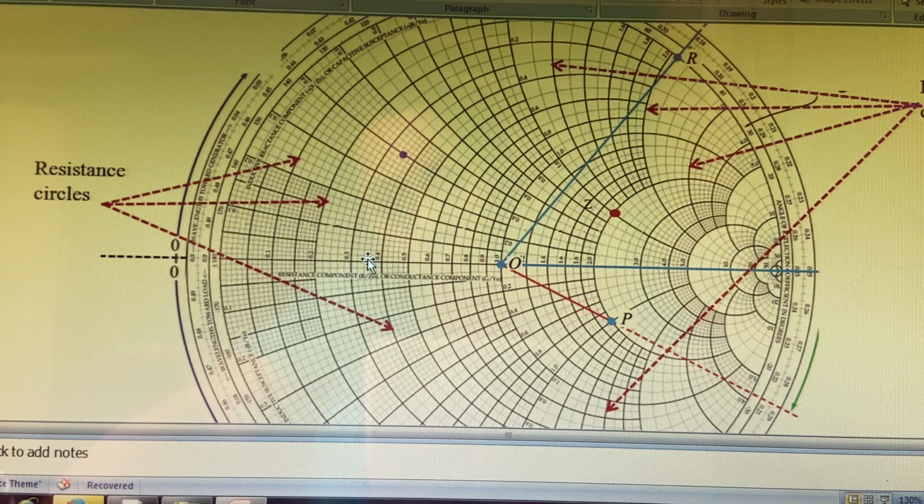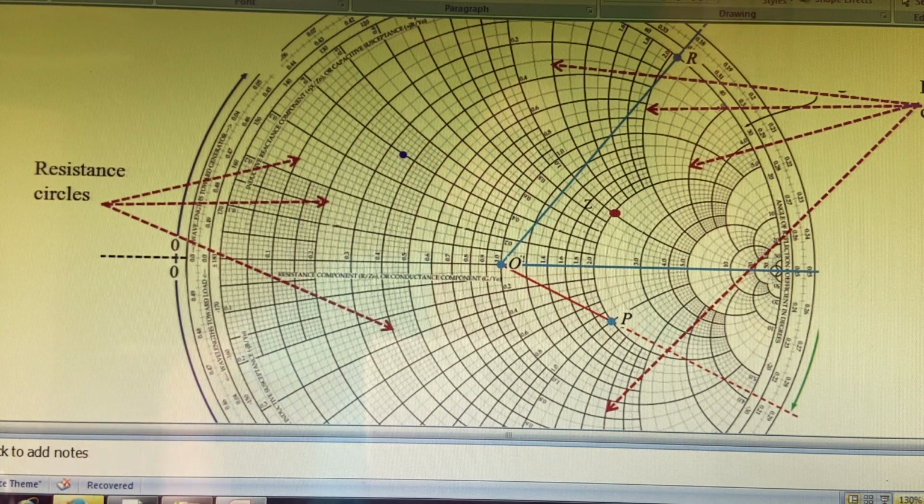So the approximate value of the resistance is 0.35. So 0.35 is the resistance value, and the reactance is 0.4. So at this position, the impedance value is 0.35 plus j0.4. Like that we can get the impedance value at any position by reading the value of reactance passing through that point and the resistance value passing through that point.